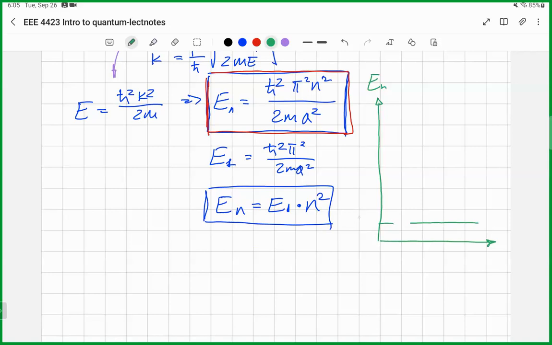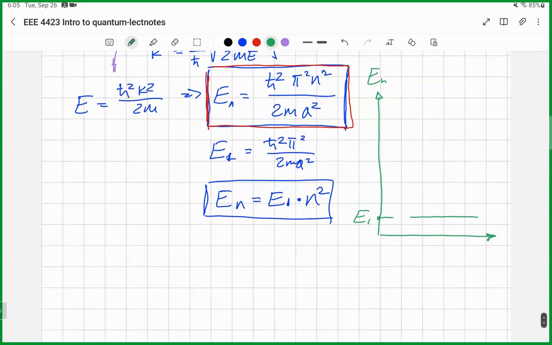So this is the E1, and then the second state is going to be 4 times larger than the first one. So this is the second state, E2, and the third state is somewhere here, for example.